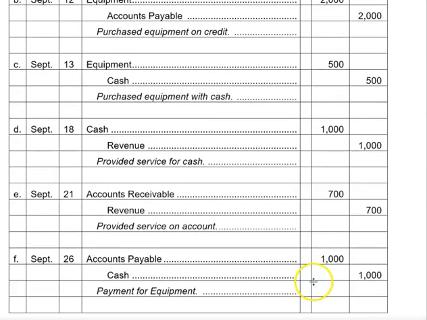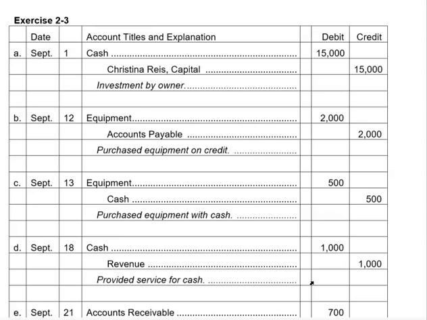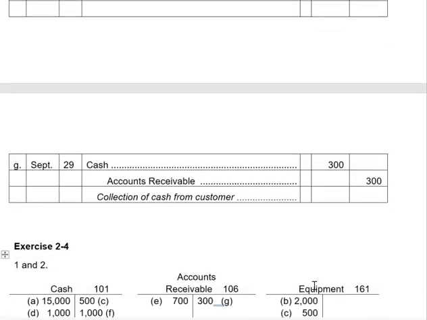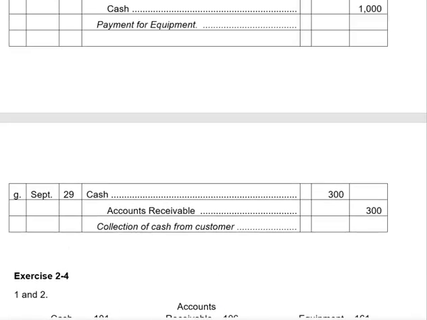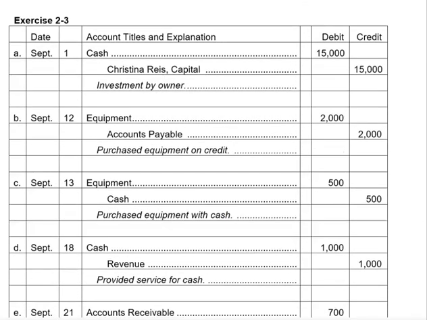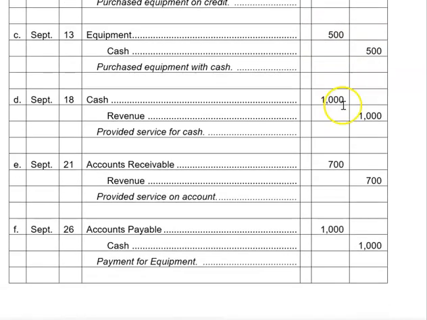So we need to go back up here. Our first entry for A is cash and capital. So we need A. You can see here under cash, A, and here is the capital. Make sure you put it on the correct side. So for example, we know cash is debited, capital is credited.